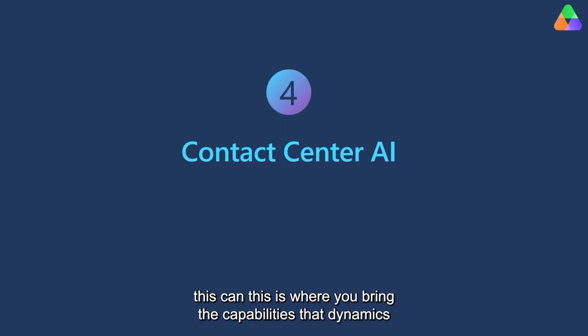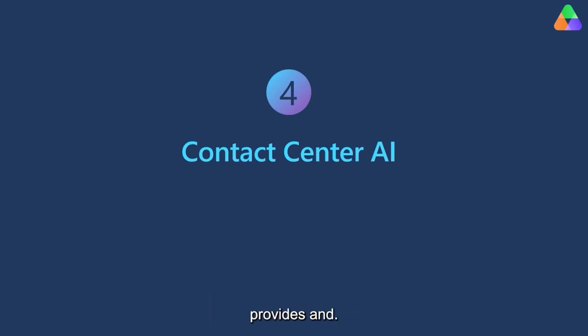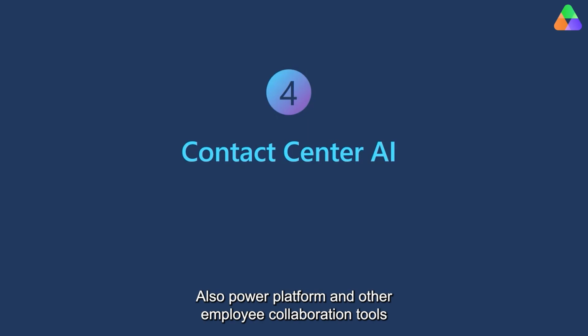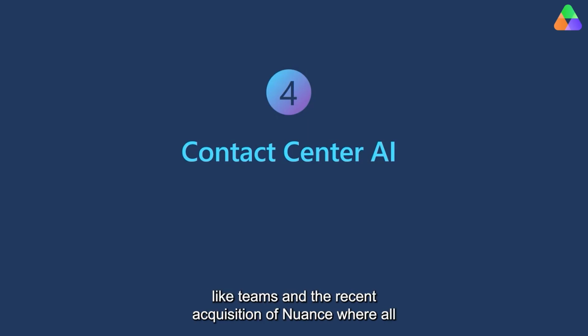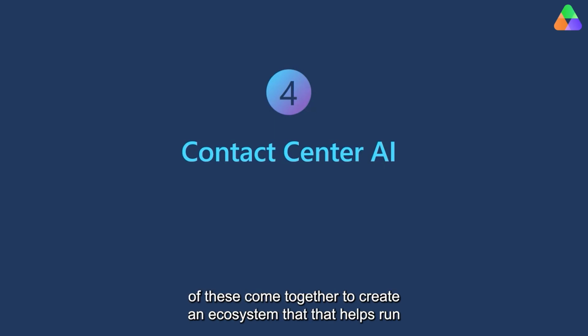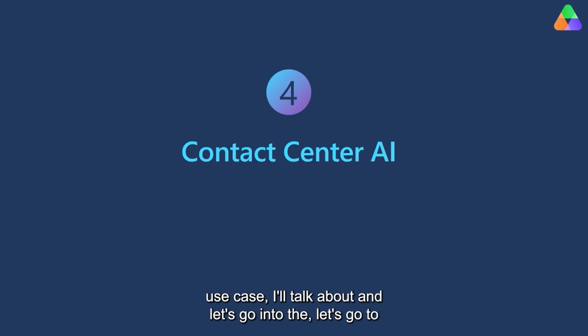But all of this is where you bring the capabilities that Dynamics provides and also Power Platform and other employee collaboration tools like Teams and the recent acquisition of Nuance, where all of these come together to create an ecosystem that helps run very efficient call centers. Right. So this particular use case I'll talk about, and let's go to the next slide, Jake.